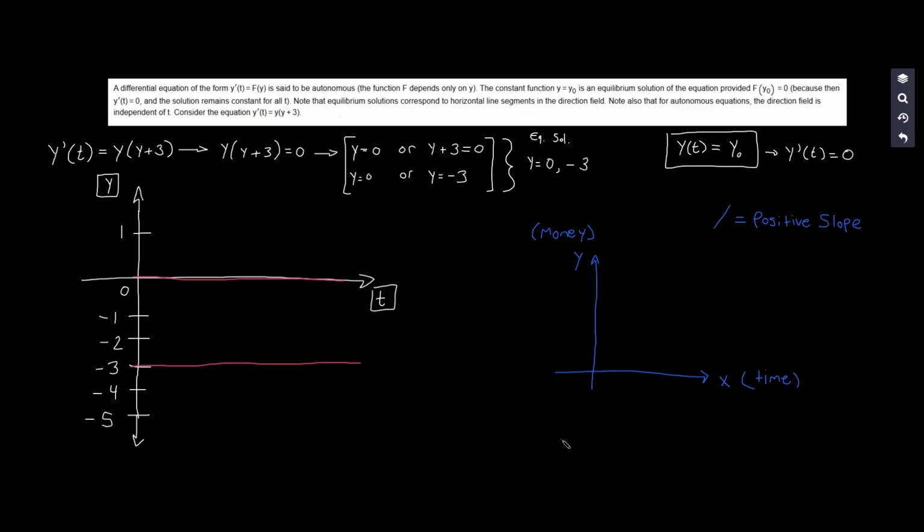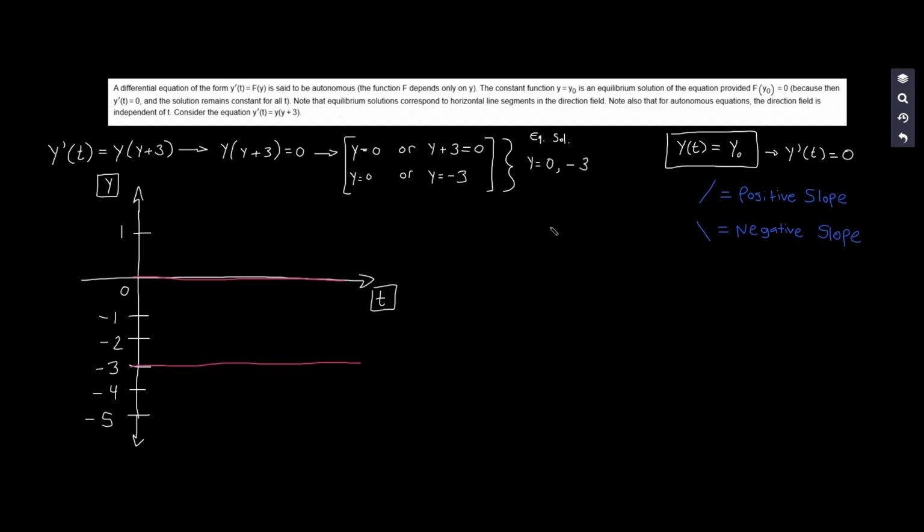Horizontal is time, vertical is money. If you have a stock and you see this, that's good. That's positive. But if you see this, that's not good. That's negative. The money is depleting. Therefore, this is a negative slope. Why is this relevant? Well, we'll get into that in a minute.